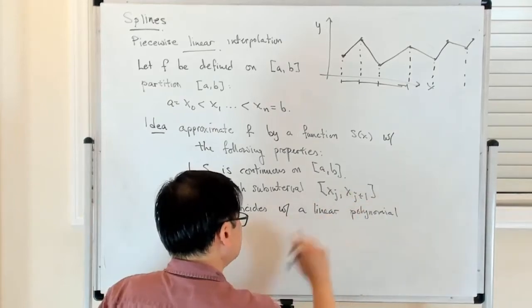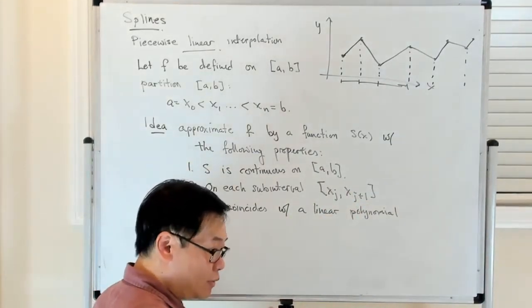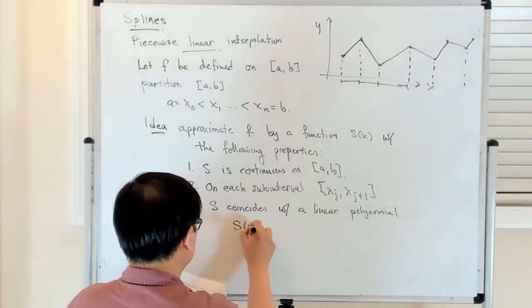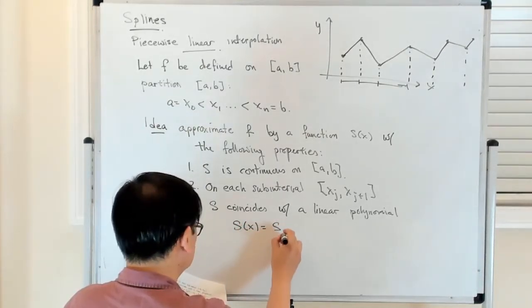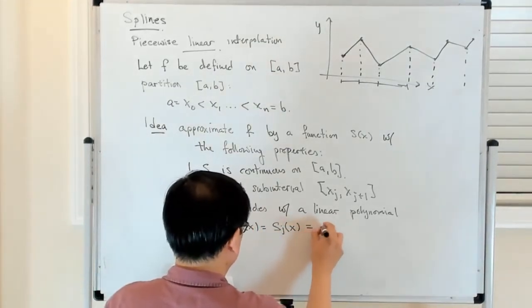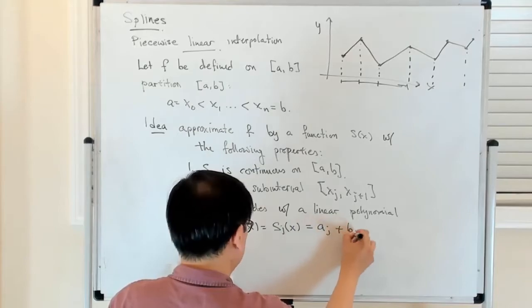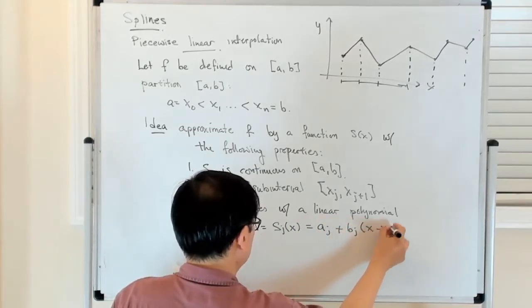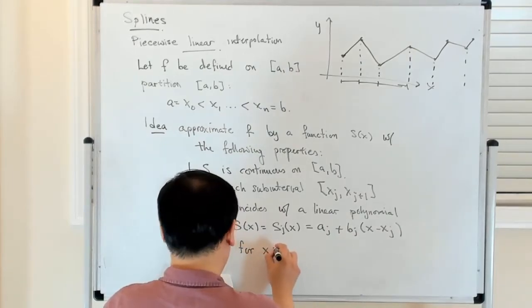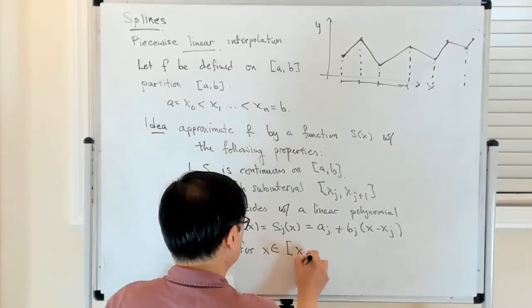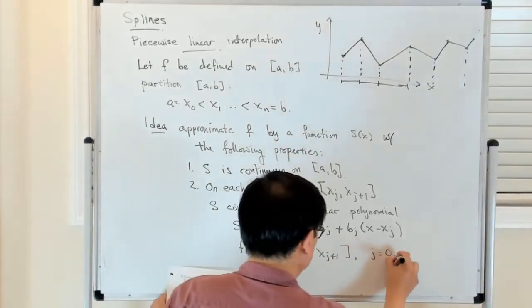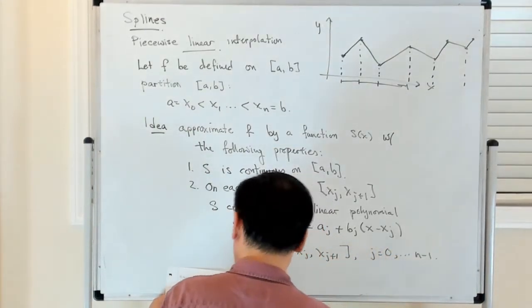So this is the sense in which it is a piecewise polynomial function. Okay, so s of x equals, let's call that sj of x, which is aj plus bj times x minus xj for x in the interval xj to xj plus 1, where j goes from 0 to n minus 1.